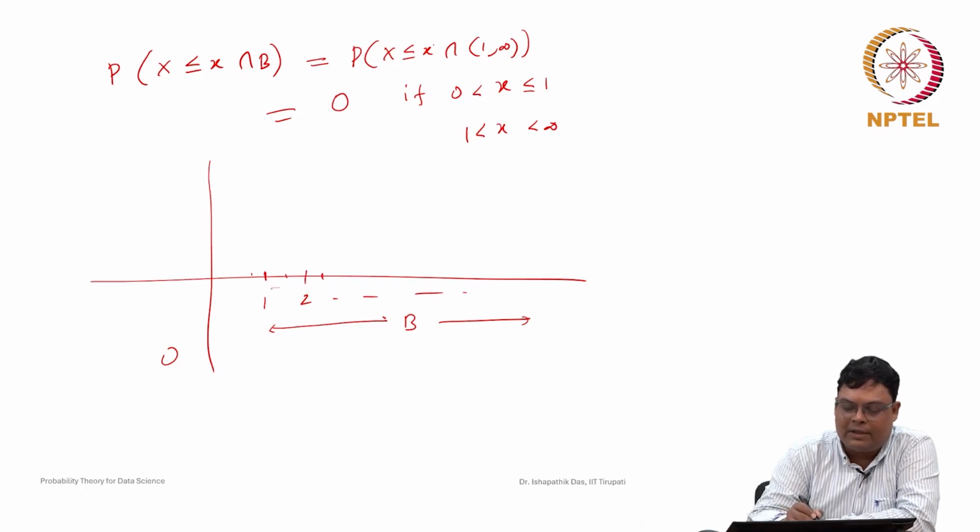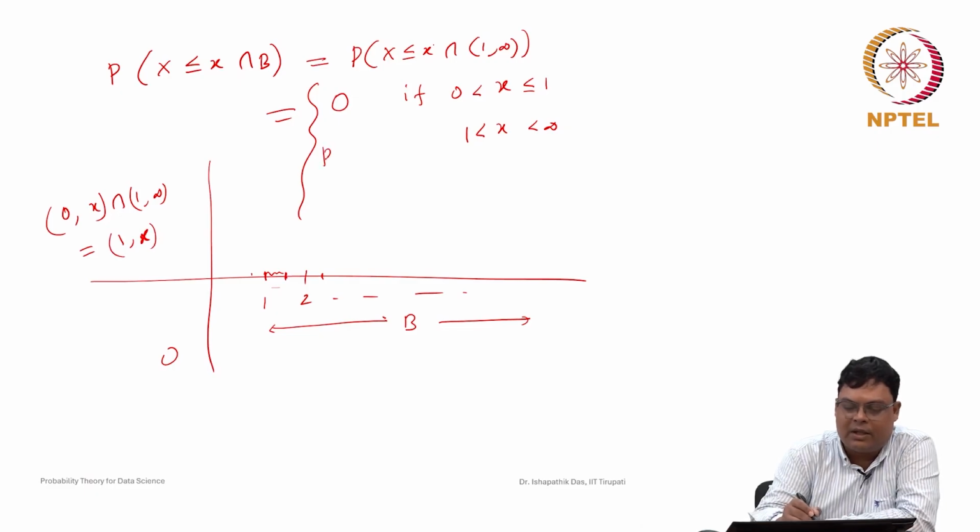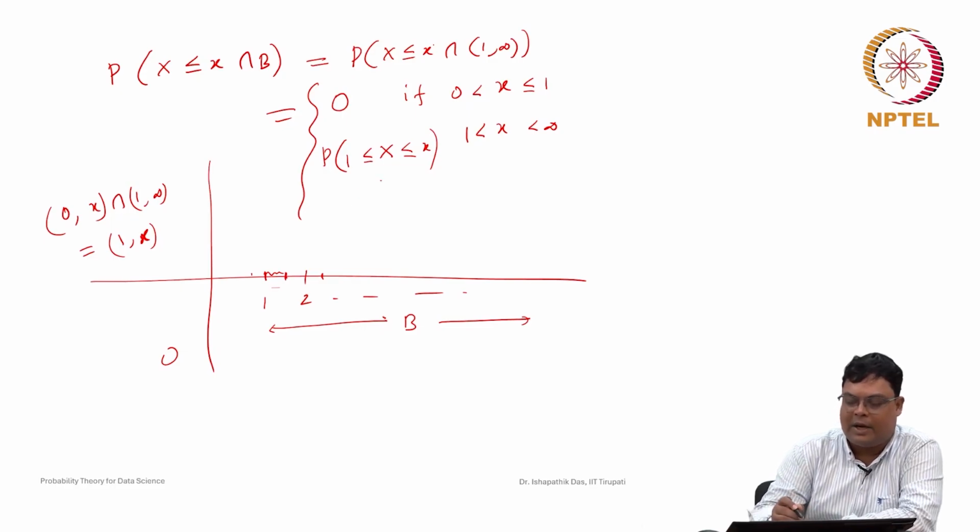The intersection of 0 to x with 1 to infinity is nothing but 1 to x. So this probability is the probability that 1 is less than or equal to X less than or equal to x. Let us find out this probability first.